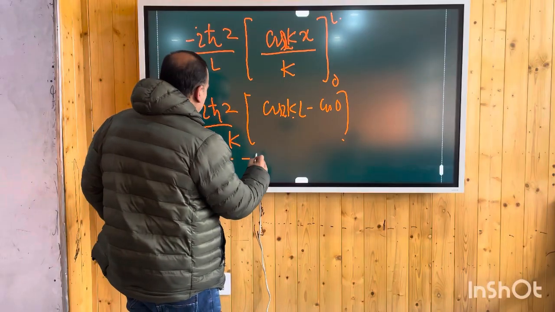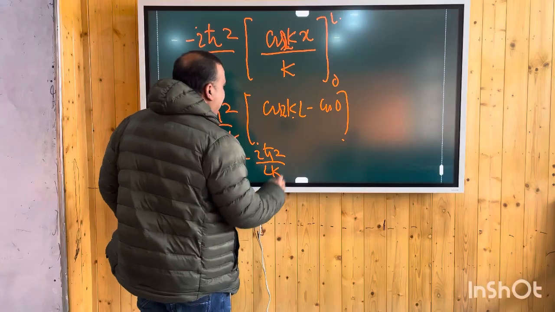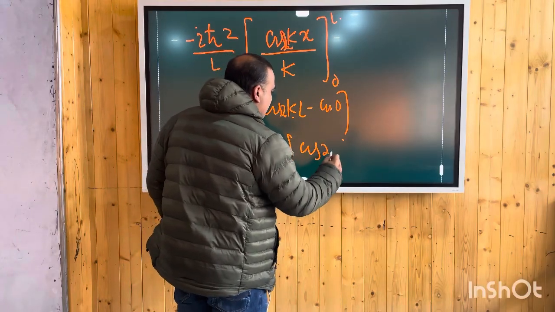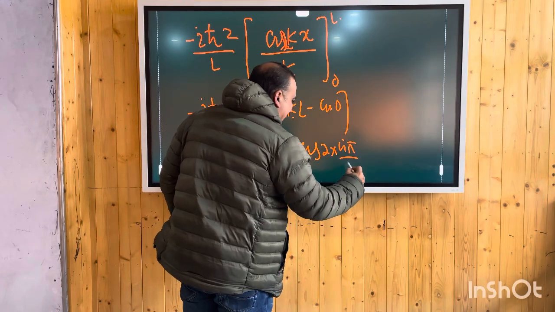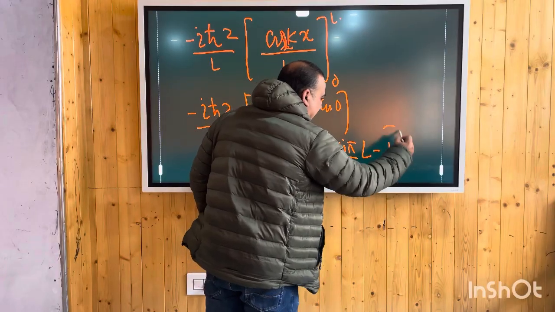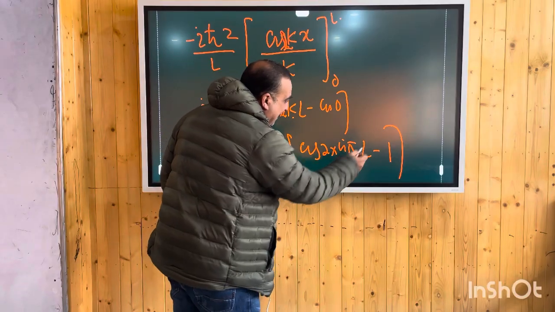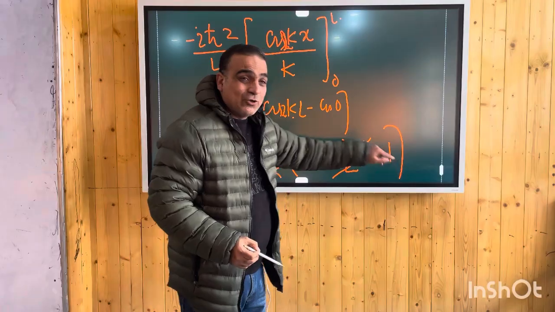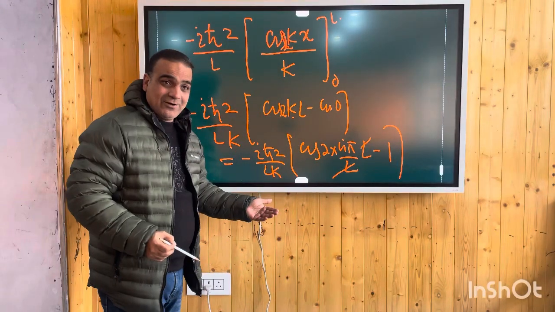So what will this be equal to? Minus i h bar 2 by L k, okay, so this is cosine of 2, for k what I have? n pi by L, okay, times L, minus cosine 0 is 1, right? So what you have here, this L and L will cancel, so what you have? 2n pi. So cosine of 2n pi is always plus 1, okay?